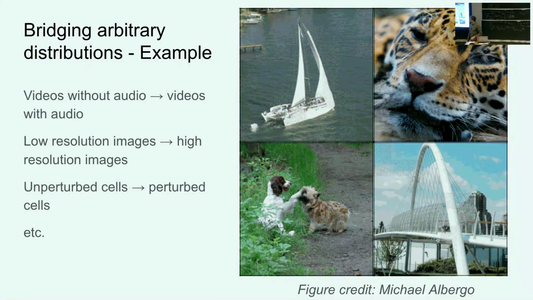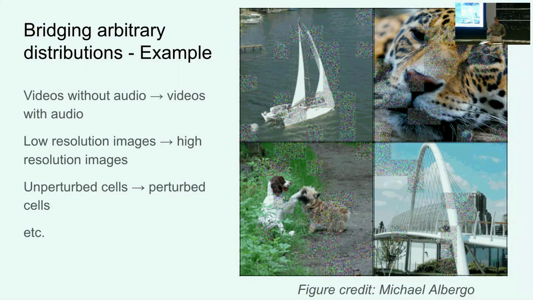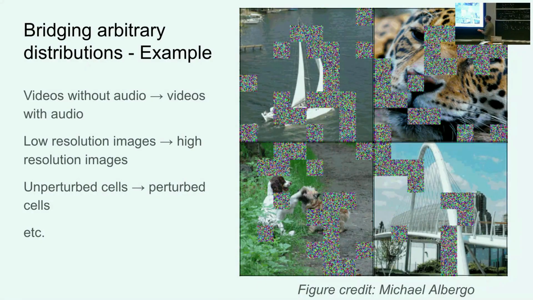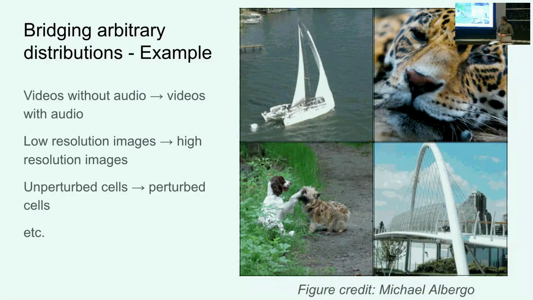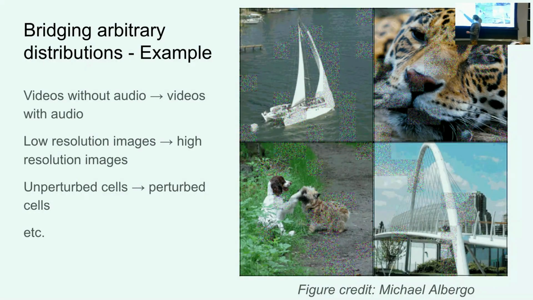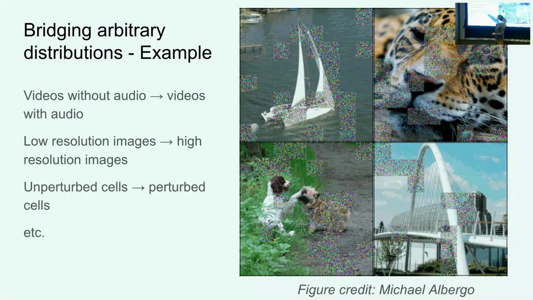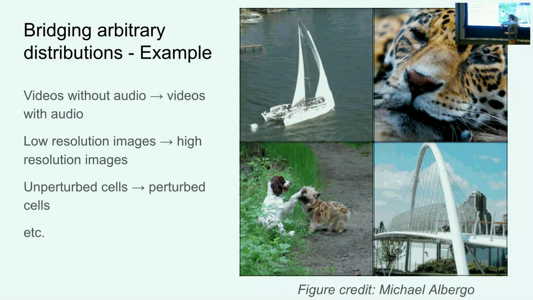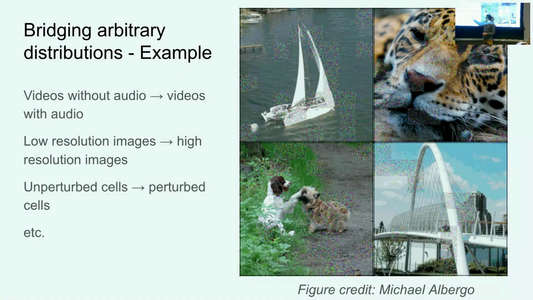But there might be other cases where your initial distribution is much, much more interesting. And there's a lot of people exploring that in the image space, in the audio space, in the sciences a lot, where your initial distribution is something meaningful in itself. So for example, you can think about a video without audio being converted to a video with audio, a low resolution image to a high resolution image, an unperturbed cell, if you have biological data, to a perturbed cell.